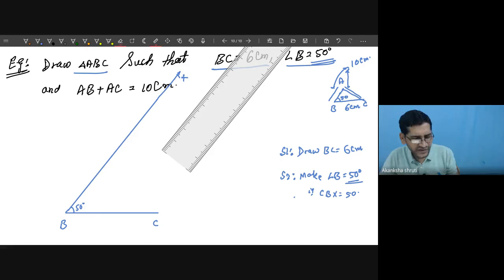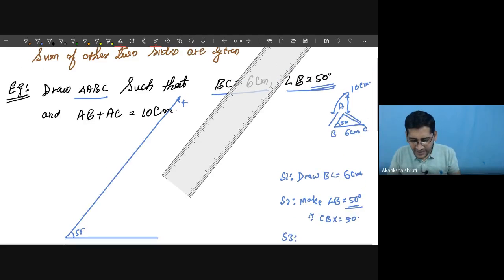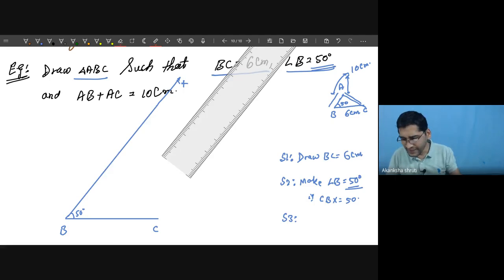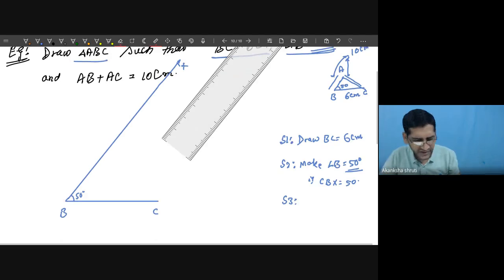After this, in the next step, we have to take the 10 centimeters, sum of other two sides, means AB plus AC is equal to 10 centimeter, on BX and mark it as D. So take AB plus AC, means how much?